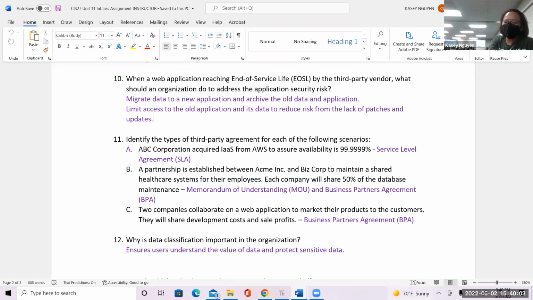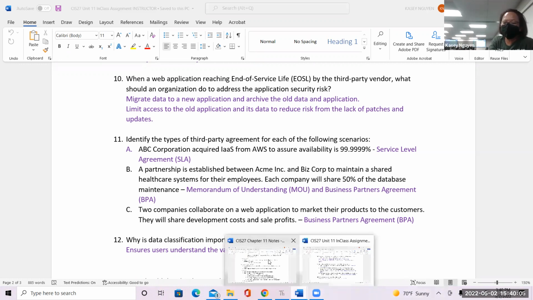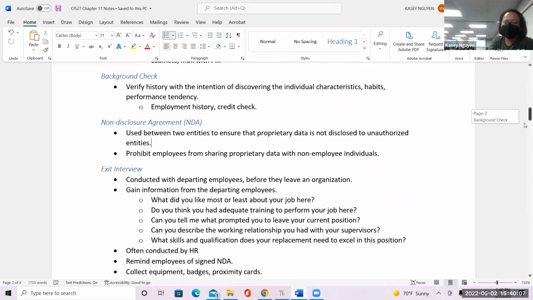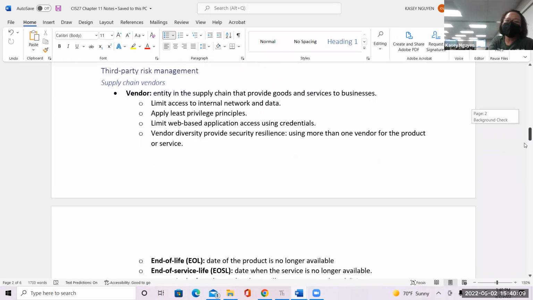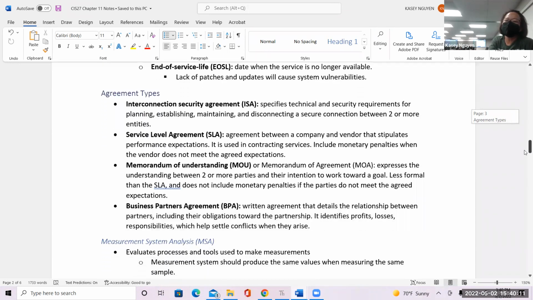So you can find the specific information, right? And additional things that I put down there. There's your agreement types. I didn't put down the ISA here, interconnection security agreement. This is very important when you work with a cloud company. I forgot to include that for the SLA with AWS or a company that provides communication for your company.